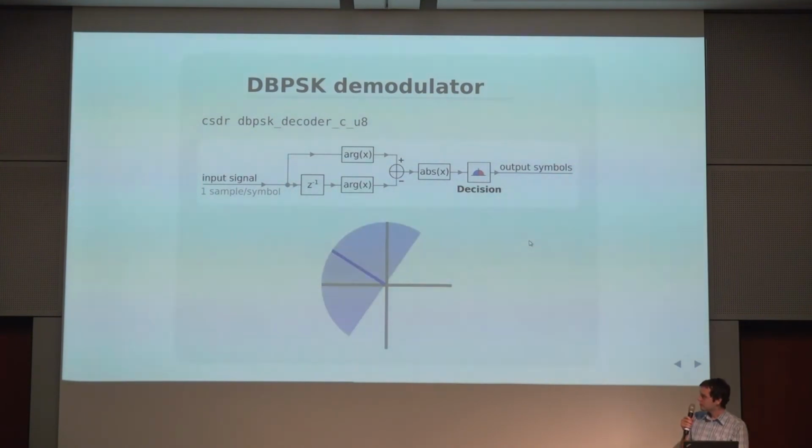And if our last sample was in this range, then our demodulator says that there was no 180 degrees phase change, so for example, it's a 0. And if it's in this range, then the demodulator says that there was a 180 degrees phase change, and it's a 1. So that's how it works.